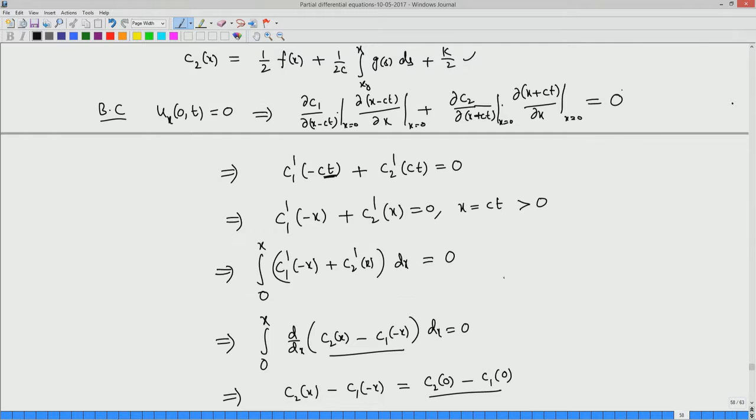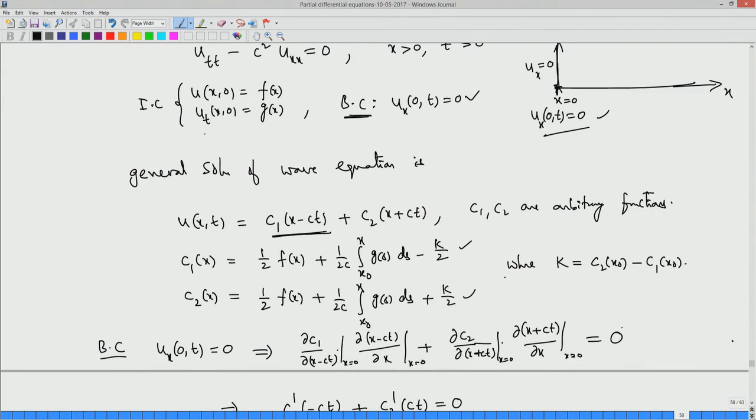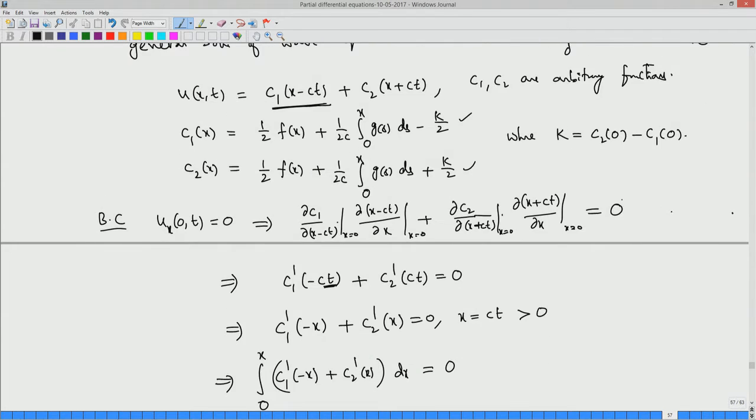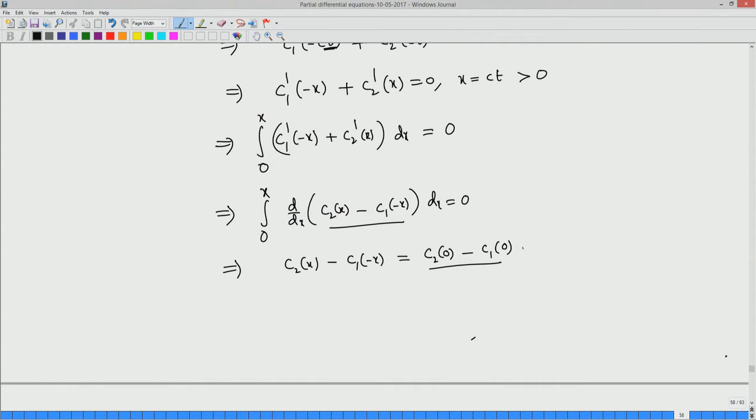Now when you are applying the initial conditions, you integrate from x naught to x. There also you have a domain, x is from 0 to infinity, so you can choose your x naught as 0. If you do that, your k will be simply C2 at 0 minus C1 at 0. So C2 minus C1 is nothing but your k, same k.